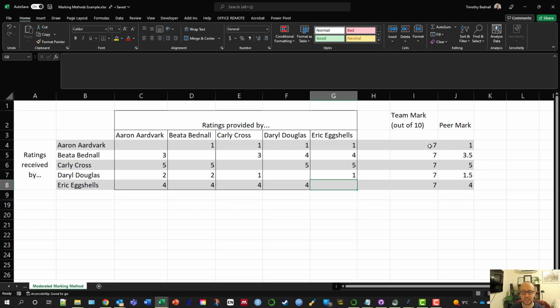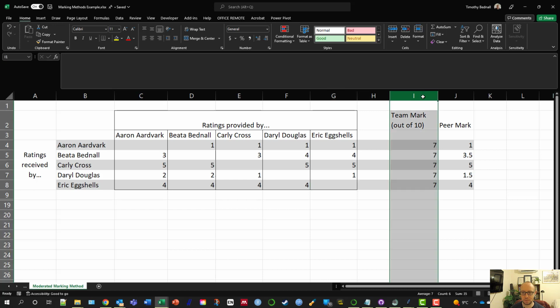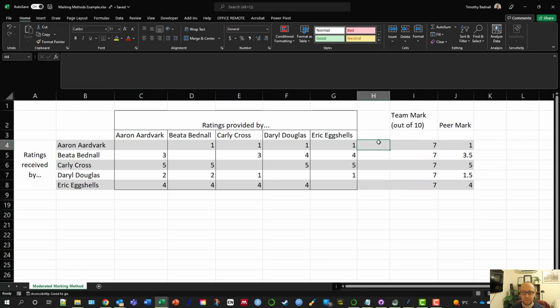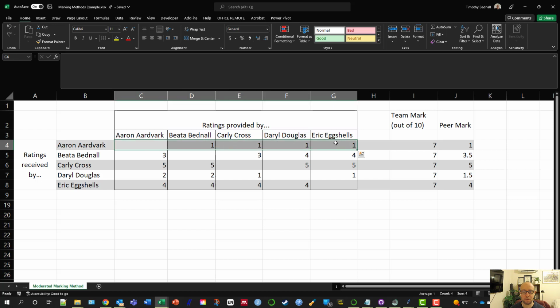And imagine that they were involved in a team assignment, and they got a 7 out of 10 for the assignment, and so that was the mark. That was the team mark that each member of the team received for it, and that doesn't change. So in the average rating received method, or the teamwork mark, the peer mark is simply the average of the ratings received by the team members.